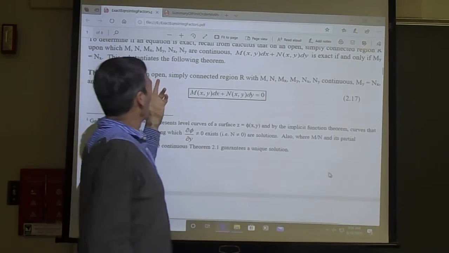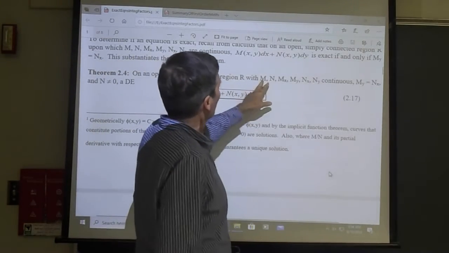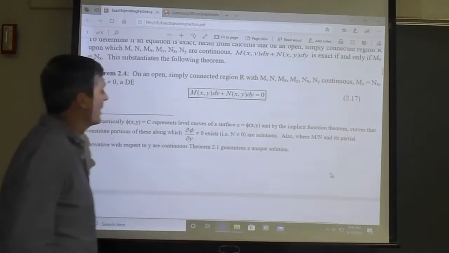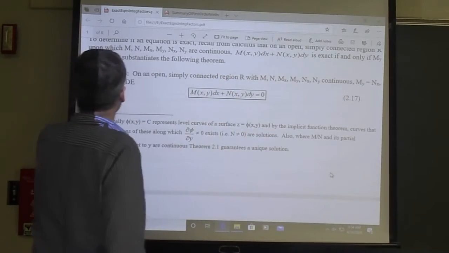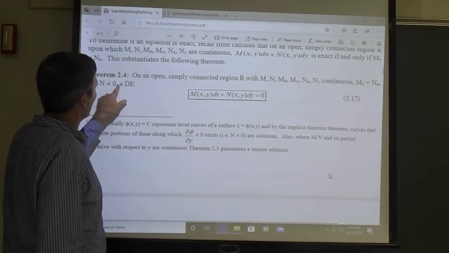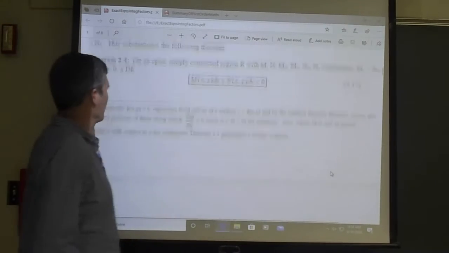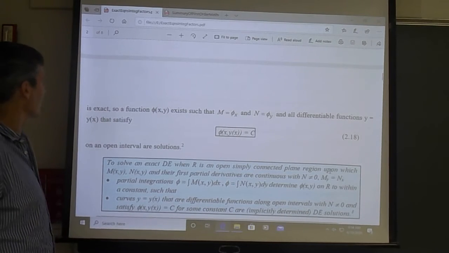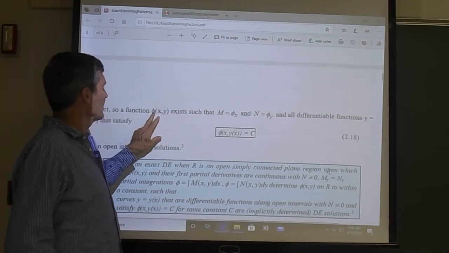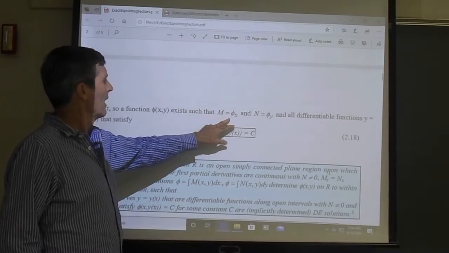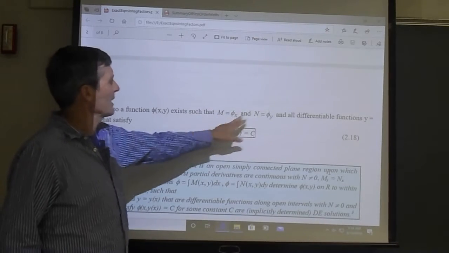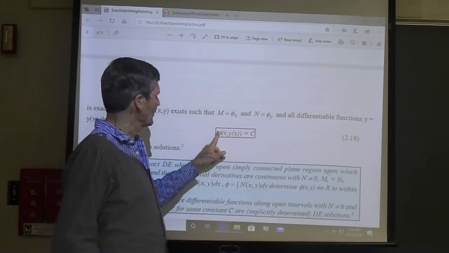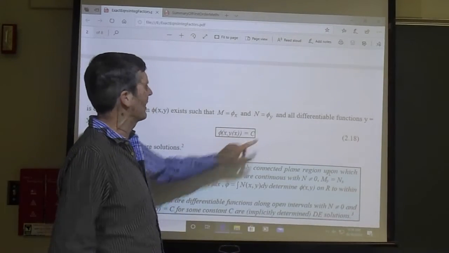If on an open, simply connected region R, with M and N and their first partial derivatives continuous, My is equal to Nx, and N is not equal to 0, then a differential equation of this form, M dx plus N dy equals 0, is exact by the theorem from calculus. So a function phi exists such that M is phi x and N is phi y, and the solutions to the differential equation all satisfy phi of x, y of x equals a constant.